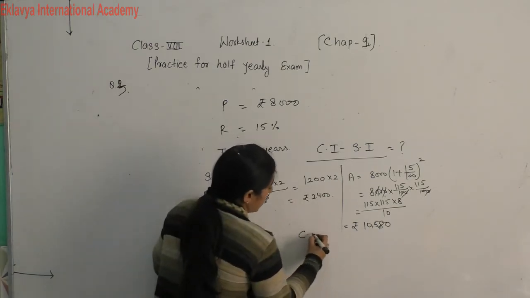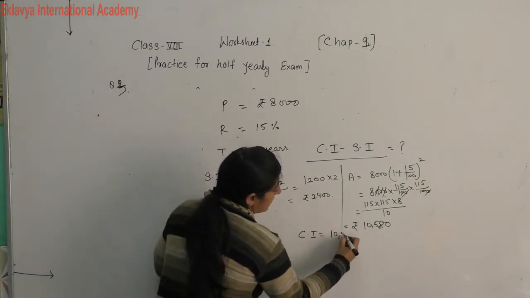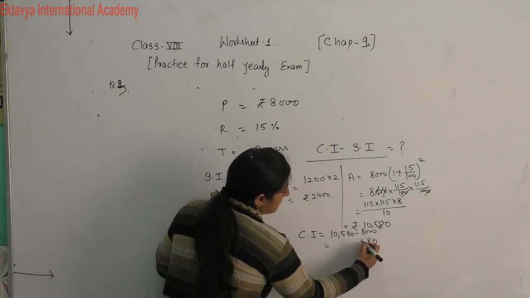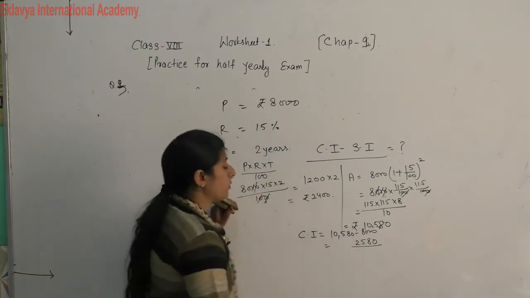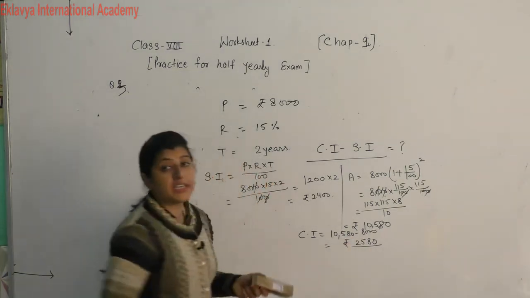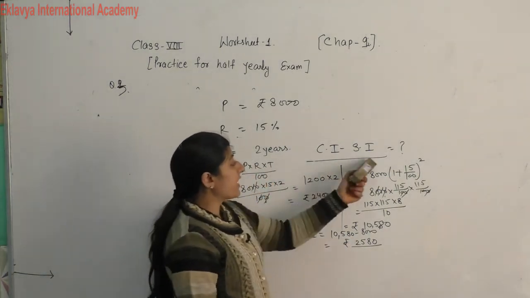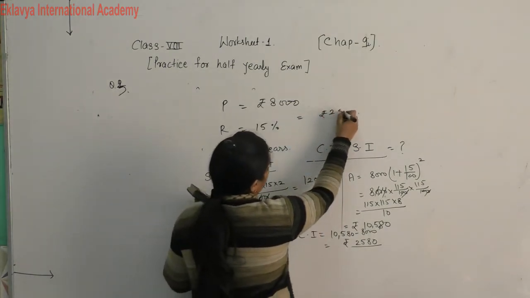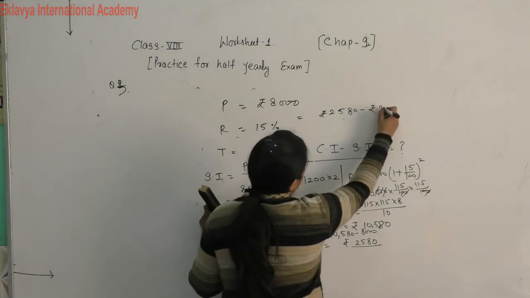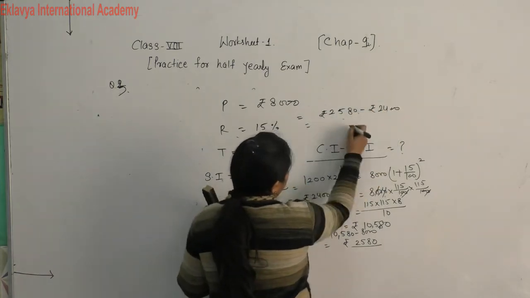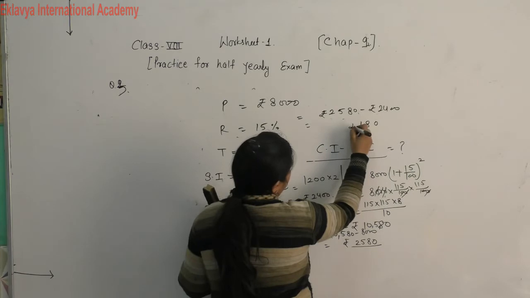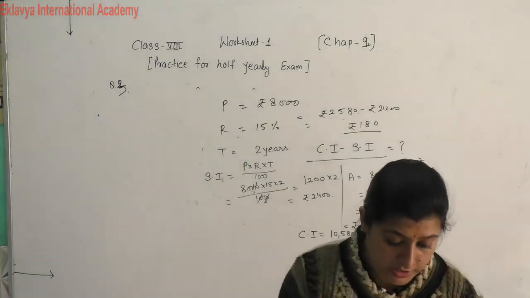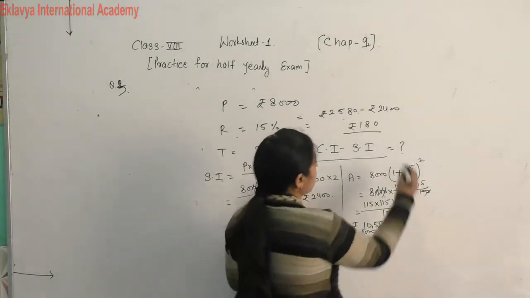Find out the compound interest. 10,580 minus 8,000, it becomes rupees 2,580. But what we want to find out is this difference. Then take the difference, rupees 2,580 minus rupees 2,400. This becomes rupees 180. It means in the given options, your option C is correct.